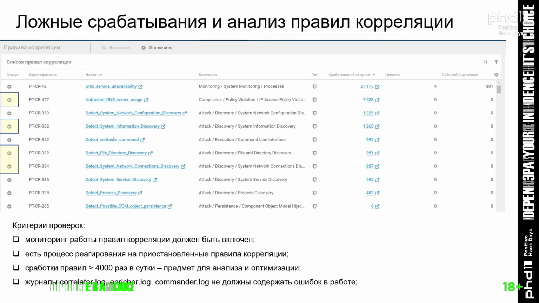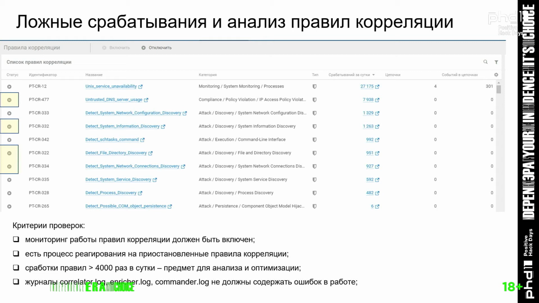Some administrators may feel lazy and they will just switch it off, and we actually don't think it's a good idea. So the criterion here is that it has to be on, suspended correlation rules should be responded to, and all rules that get triggered over 4,000 times a day should be thoroughly analyzed.